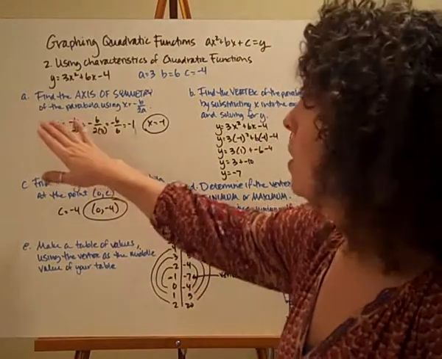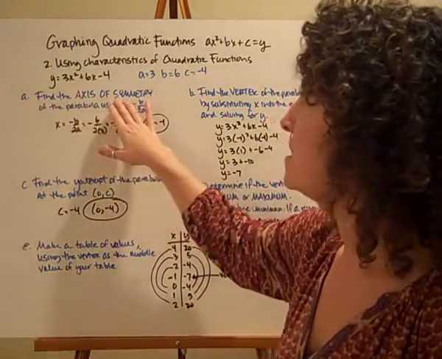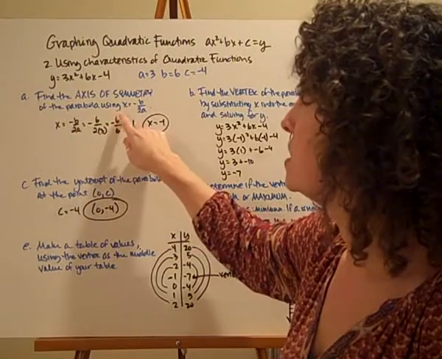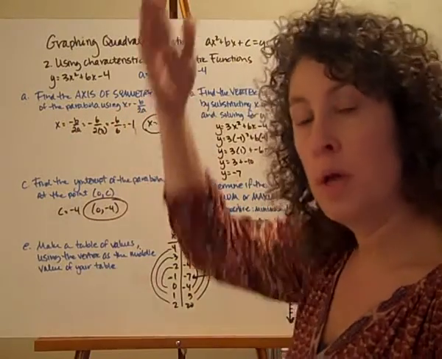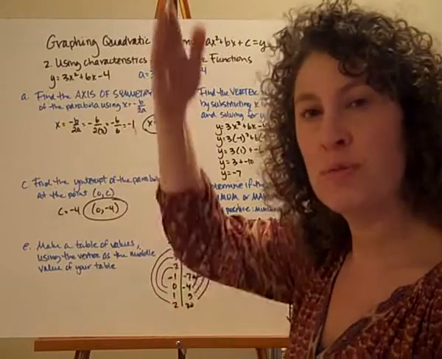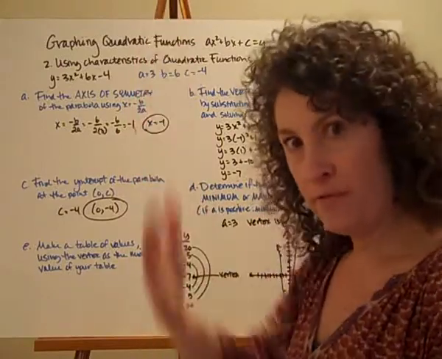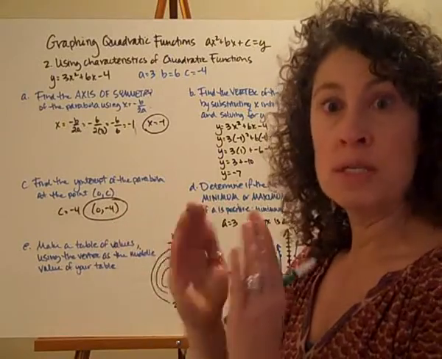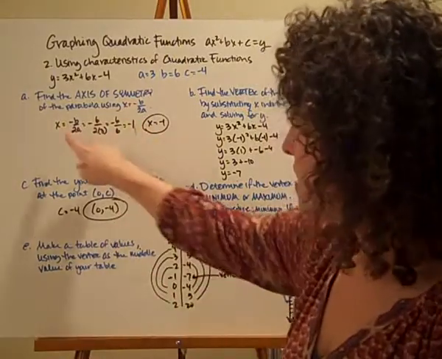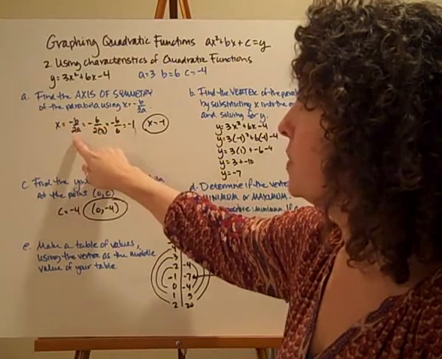All right, so one point at a time. First, we're going to find the axis of symmetry of the parabola using this equation, x equals the opposite of b over 2a. So remember, the axis of symmetry of the parabola is right through the middle, that vertical line that divides the left and the right side, so that we can see that they are symmetrical. So I'm going to take this x equals the opposite of b over 2a.